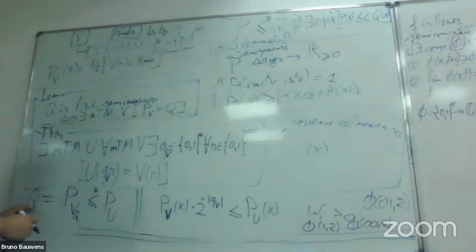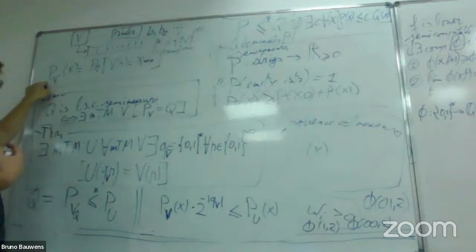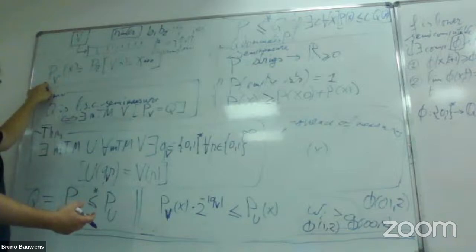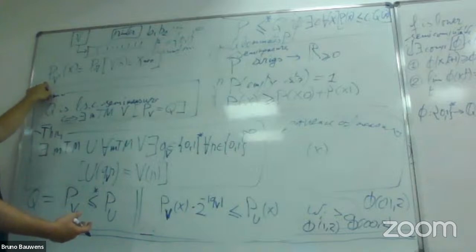So we have proven that if we take such a universal machine in this probability, the corresponding measure is bigger than any other lower semi-computable measure. So we did already half of the work.